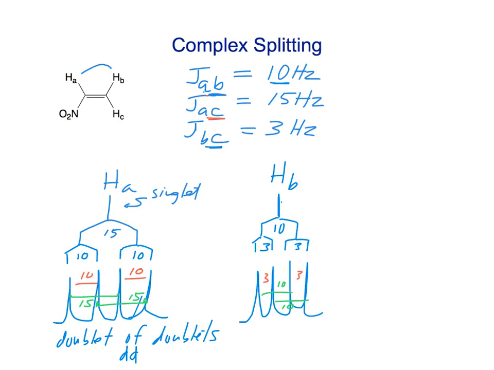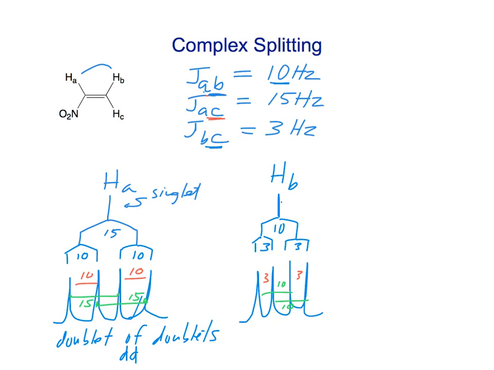So the second one would have to be 10 hertz, because if this is 10 and the second one is 10, then the middle one overlaps perfectly. And that's just like coupling to 2 equivalent protons, we get a triplet.